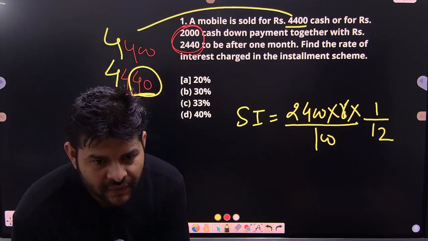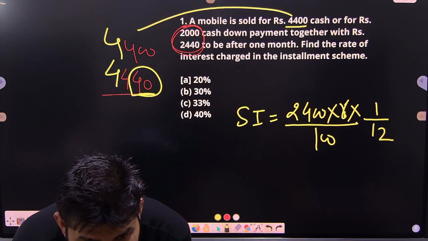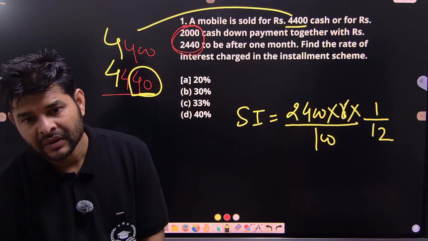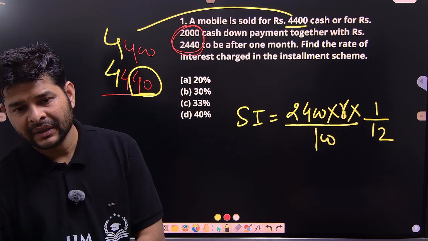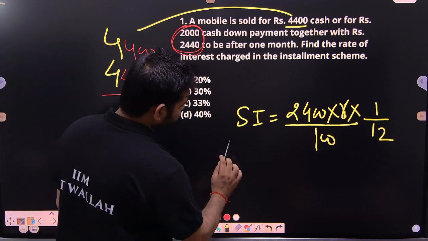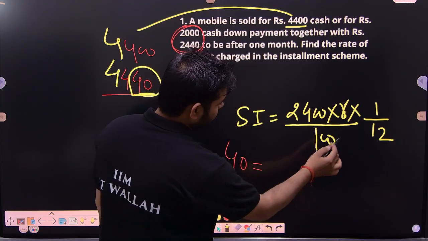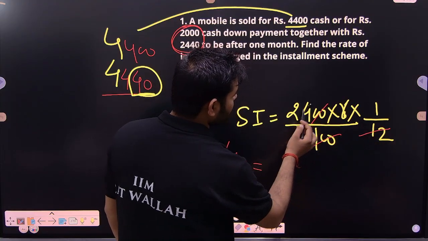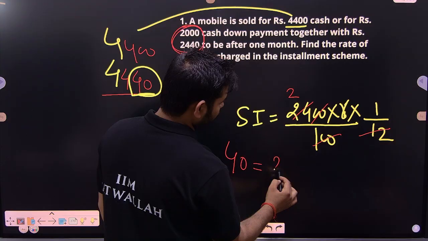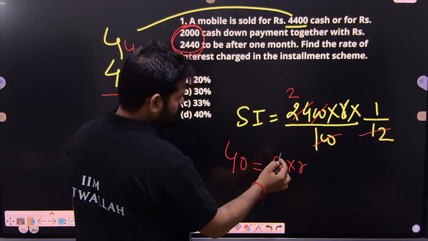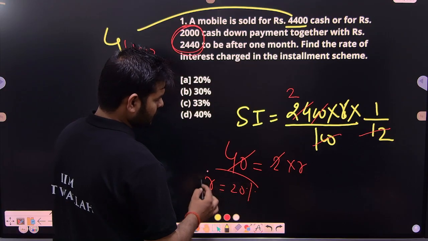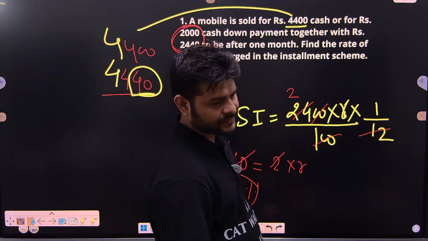The real cost of the cell phone is 4400. 2000 I have already paid as cash down payment. So on 2400 the SI is 40. So basically SI is 40, and that would be 2400 into 1 by 12 into R by 100, which gives 20%. So the rate of interest was 20%.